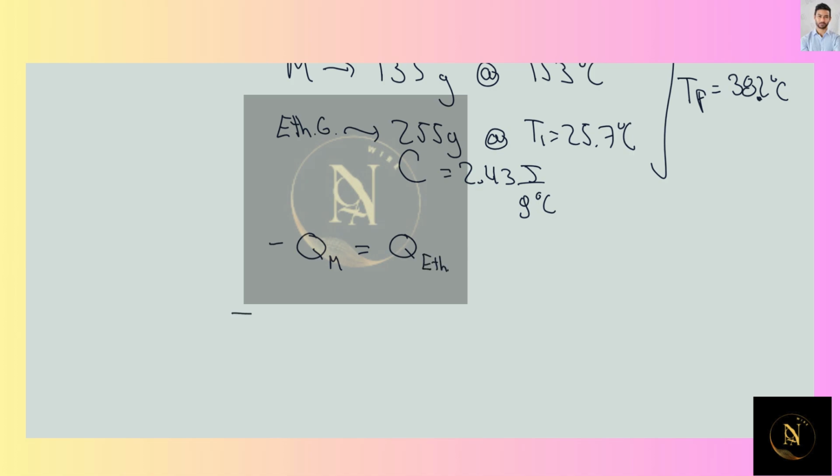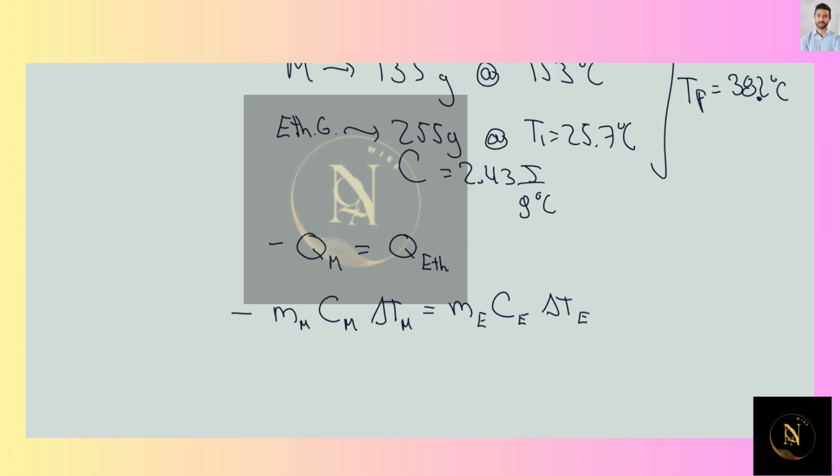For the metal, we're going to have mass of the metal times heat capacity of the metal times delta T for the metal. This is going to be equal to mass of ethylene glycol, heat capacity of ethylene glycol, times delta T for ethylene glycol. So the value for delta T for each of them, one of them is going to be positive, the other one is going to be negative.